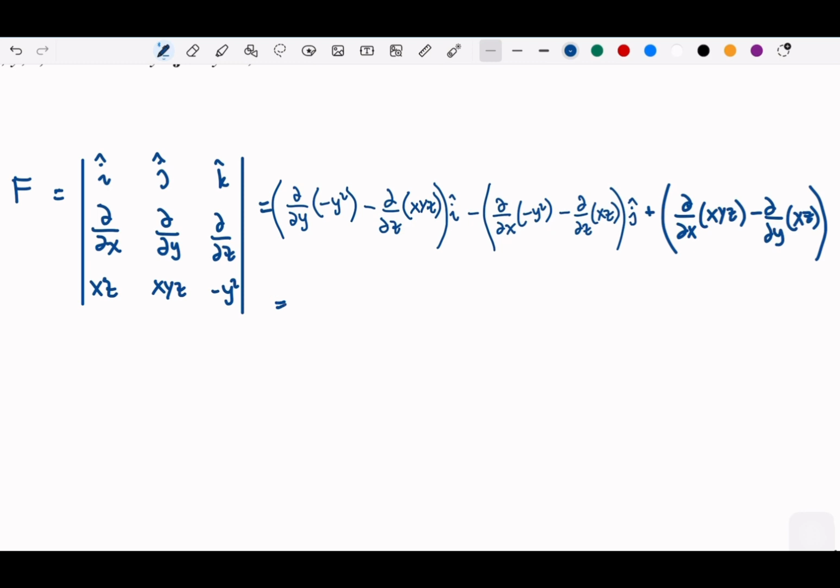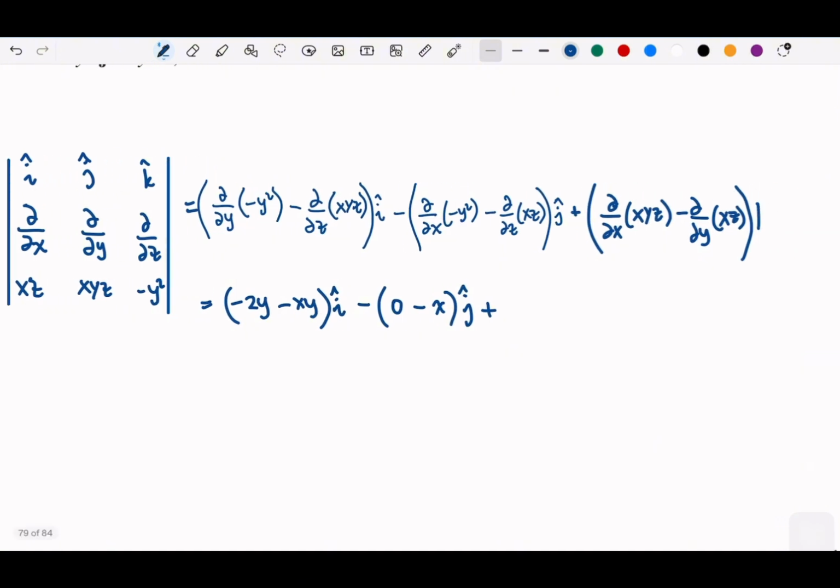So one by one we can take it down. So this is negative 2y. This will be z is xy. And this will be i. Minus, this will be 0. This will be minus x. This is j plus, oh, I forgot the k.